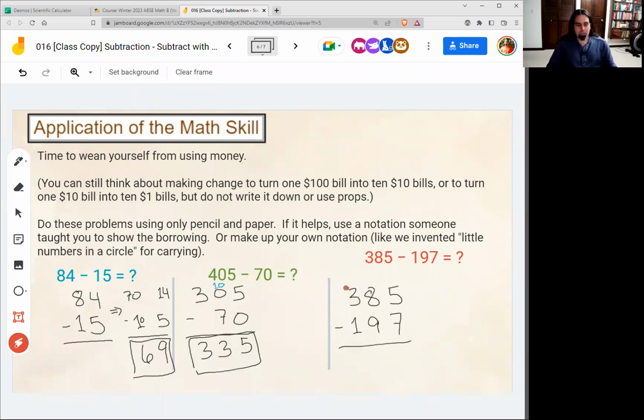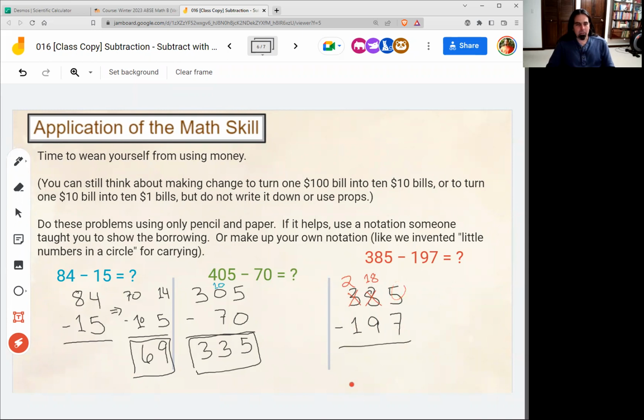Again, from the hundreds, yes. Will I need them for tens? I'm going to turn that into a 2. I have 10 that I just got and 8 already, so that's now an 18. I can certainly do 18 minus 9 now. I can do 2 minus 1, that's fine. Can I do 5 minus 7?